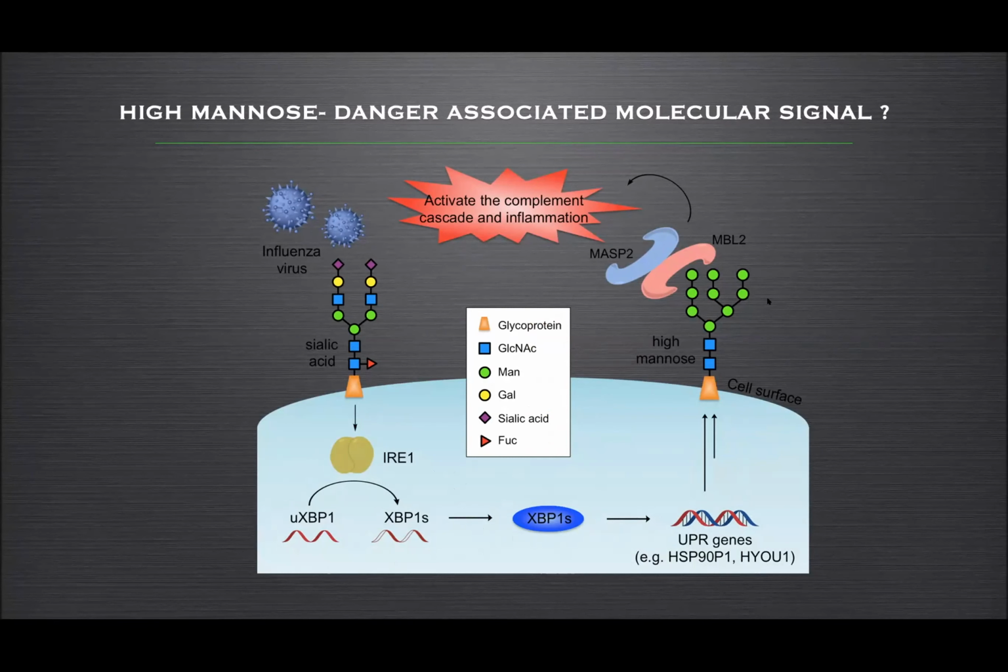And what we think is happening is that this is then expressed at the cell surface and is recognized by the mannose binding lectin and probably other mannose binding lectins as well, but this is the main one we focused on, and that this then activates the complement cascade in inflammation, and that's what's leading to severity. When you have too much High-mannose or too much MBL2, we believe that you are then set up for having a very severe immune reaction to the flu that ends up causing additional damage and eventually death.